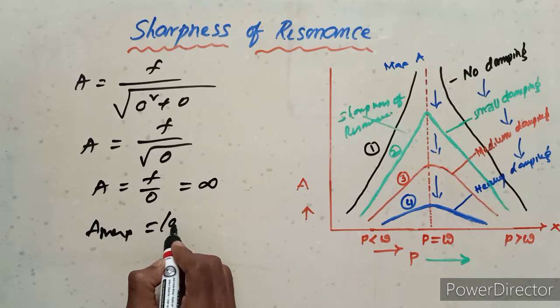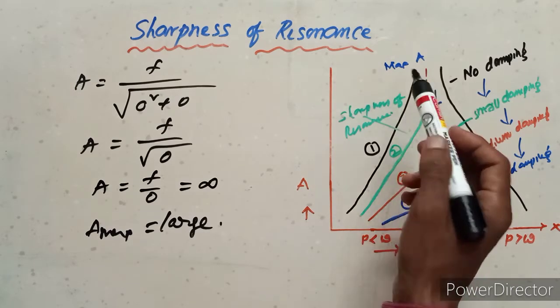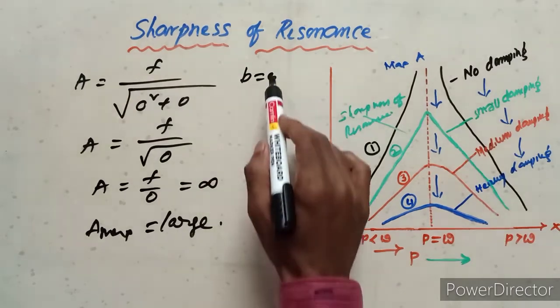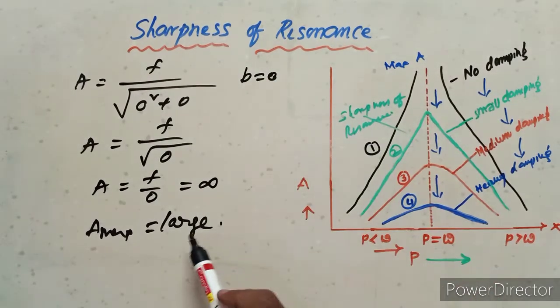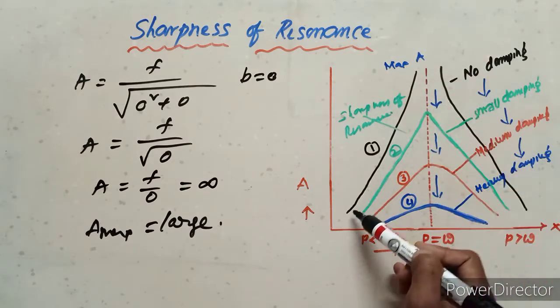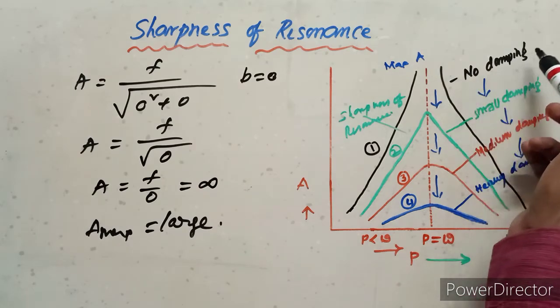A maximum equals large. So the condition, first curve, there is no damping. b equals 0. The amplitude is very large.